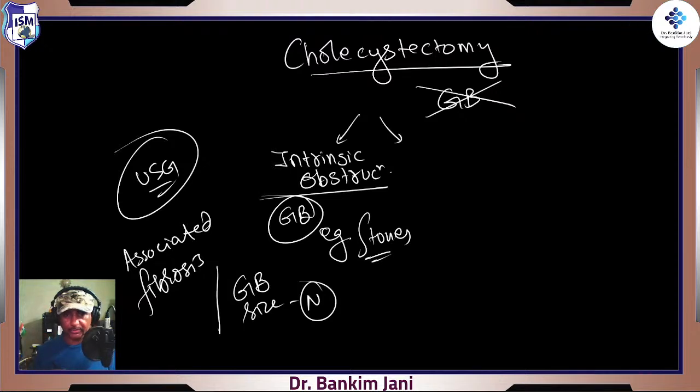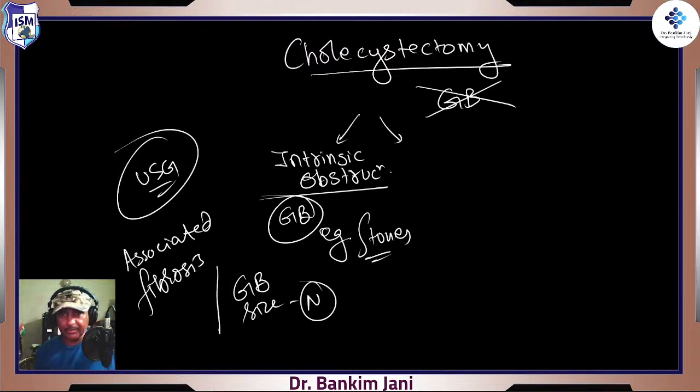When the entire gallbladder is filled with sludge, meaning all those particulate biliary salts, etc., its appearance would be similar to liver. So that is what is called hepatization of the gallbladder. We'll see an image. I've got that, right?